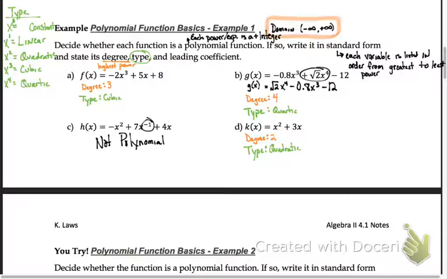So then the last thing is going to deal with the leading coefficient. Okay?